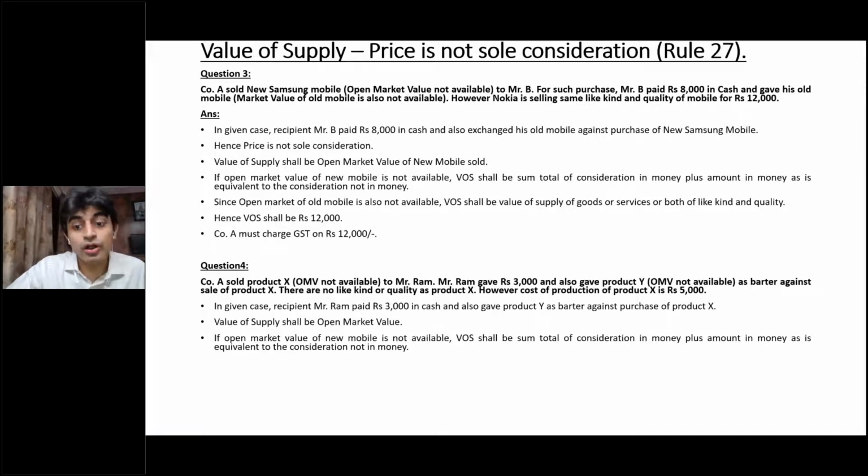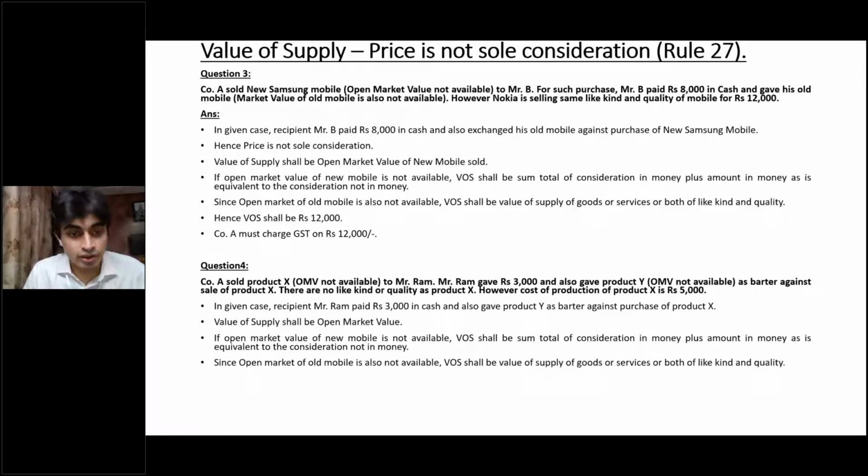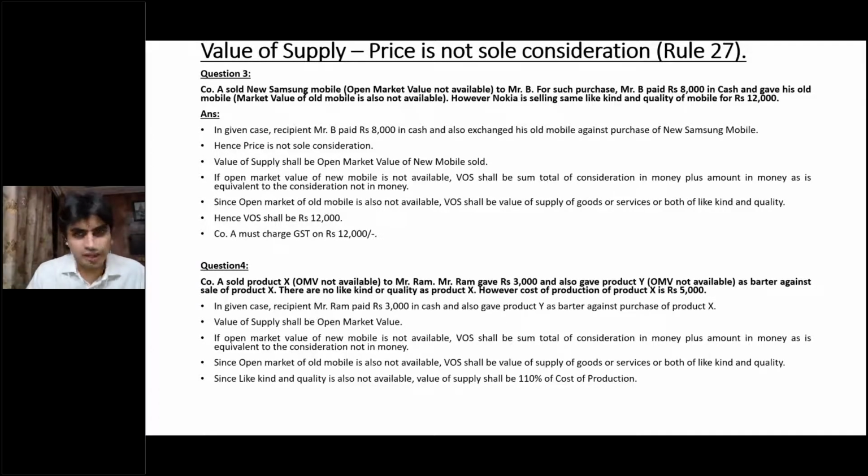Value of supply is the total of the cash received, 3,000, plus the market value of product Y which I have received. Is that available? No. So we have to go to step 3. What does it say? Like, kind and quality. Is any like, kind and quality of product X available? No. So I have to go to step 4, which says cost of production plus 10%, or 110% of the cost of production.